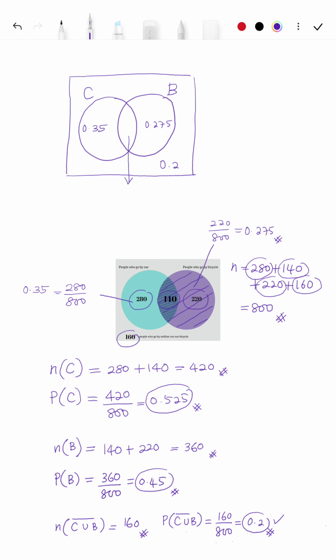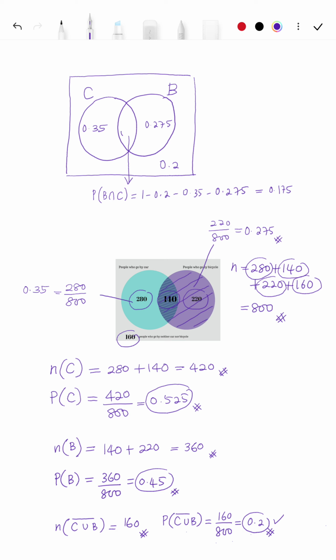How can we find this value? What we can do is simply, this is actually probability of B intersect C. This is the same as 1 minus all other values. 1 minus 0.2 minus 0.35 minus 0.275, and that's 0.175.